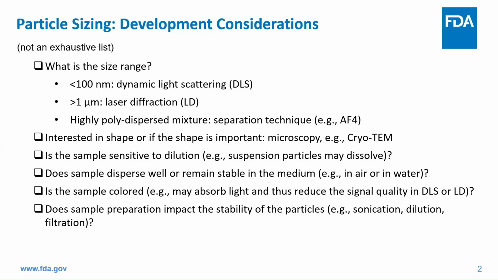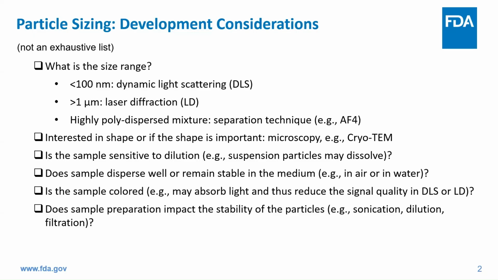Does the sample preparation impact the stability of particles? Similar to the medium, which I've talked about already, whenever we change the environment of the particles, whether it's diluting it or putting the sample into the measurement unit, a dispersion cell, we're changing the environment of the particle, and therefore it may have an impact on whether the particle remains stable.